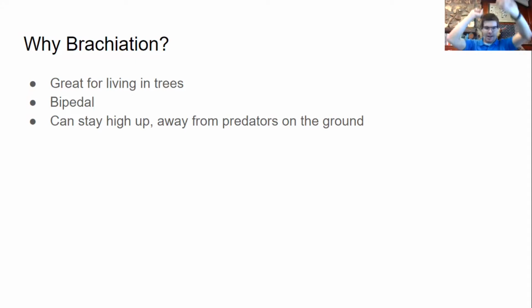You can reach up, you use your arms to move and get around. Some primates use all four limbs to brachiate. So orangutans, for instance, use their arms and their legs to brachiate. Other creatures only really rely on their hands mostly.